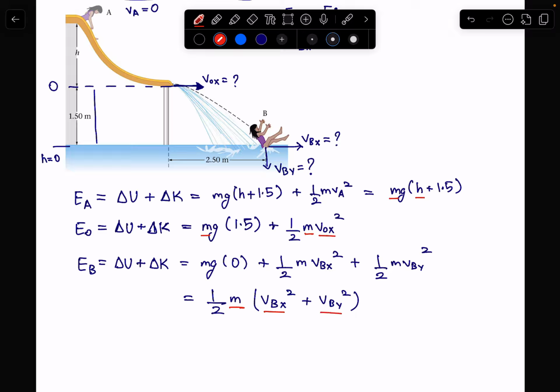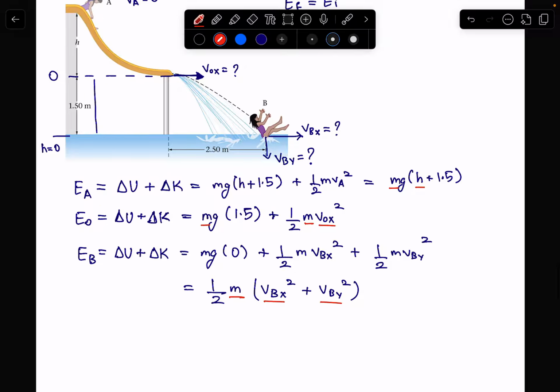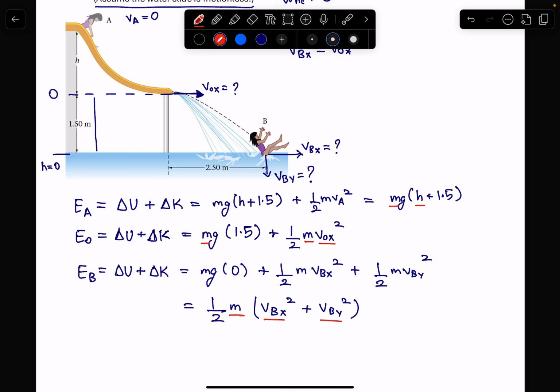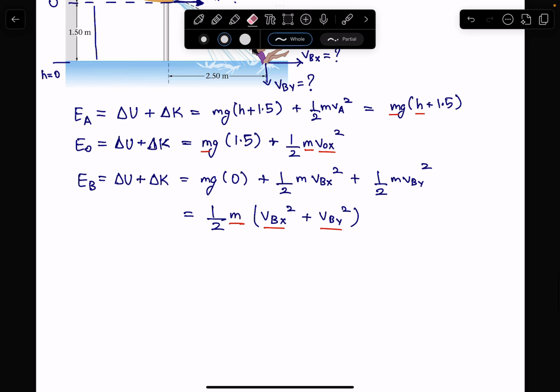Vbx is an unknown. Vby is an unknown. So there are multiple ways I can approach trying to find the velocities. First I'll try to find the velocity in the x direction.